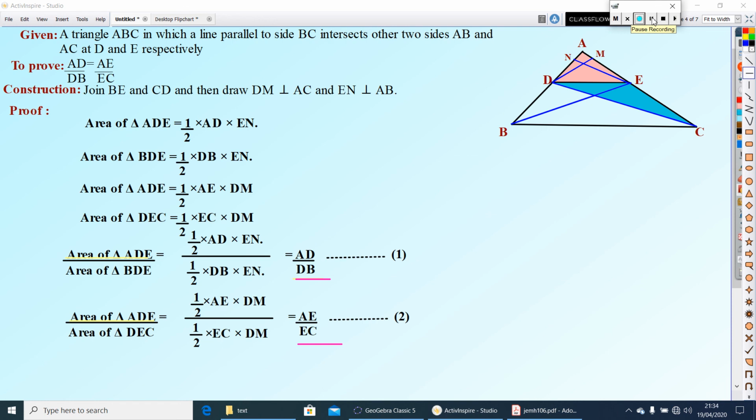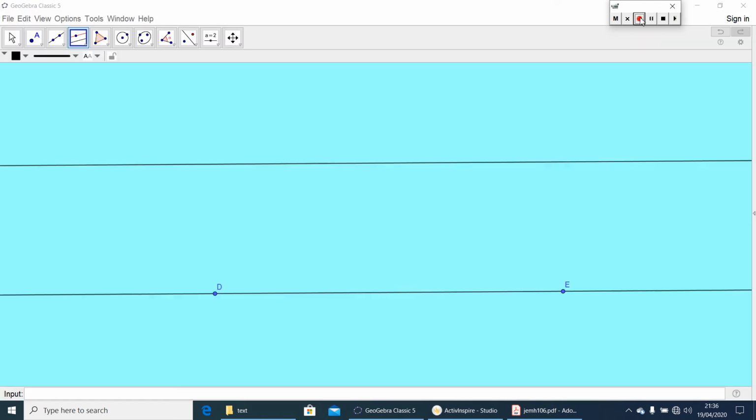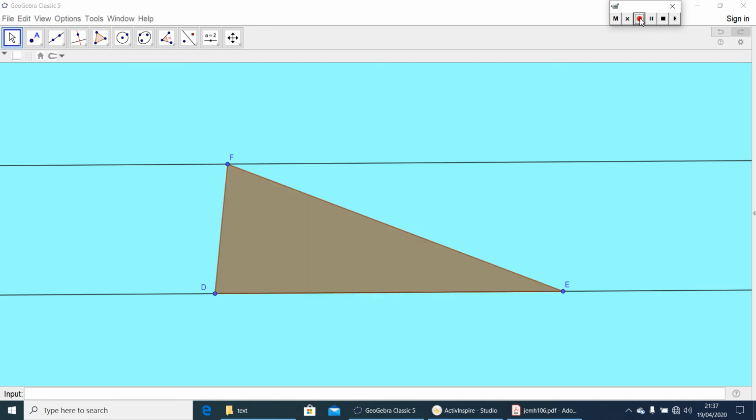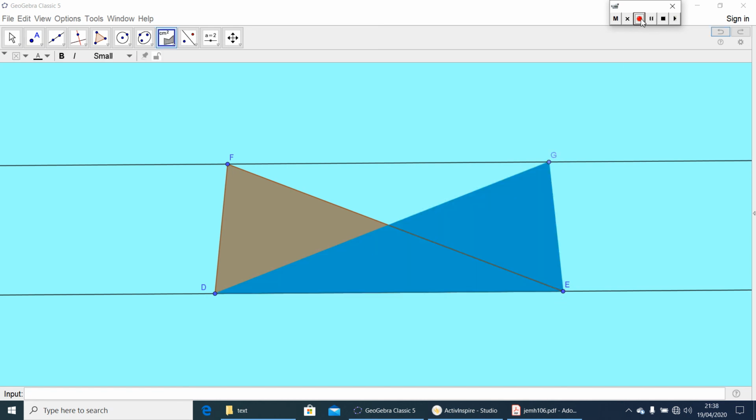Now you have to check whether the area of BDE and the area of DEC are equal or not. For that, you have learned a property in class 9. Here you have a parallel line. Now let me draw a triangle between these parallel lines with base DE. Now let me take another triangle with the same base DE and between the same parallels. Now let me find its area.